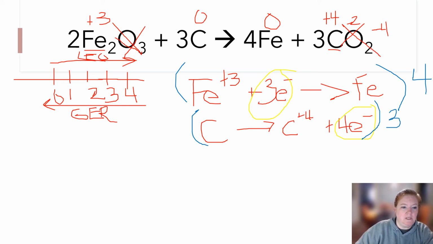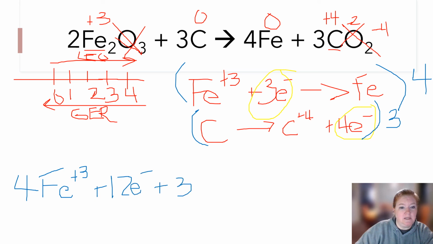So I'm going to end up with 4 Fe plus 3 plus 12 electrons plus 3C. So do you see how I got that?